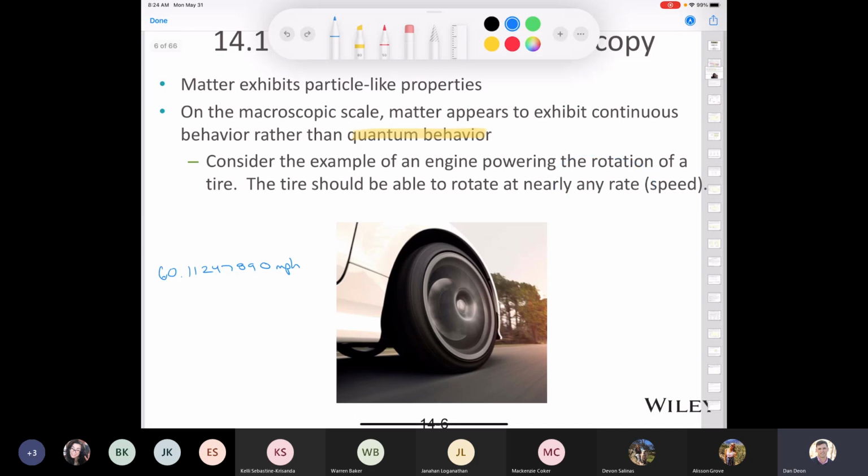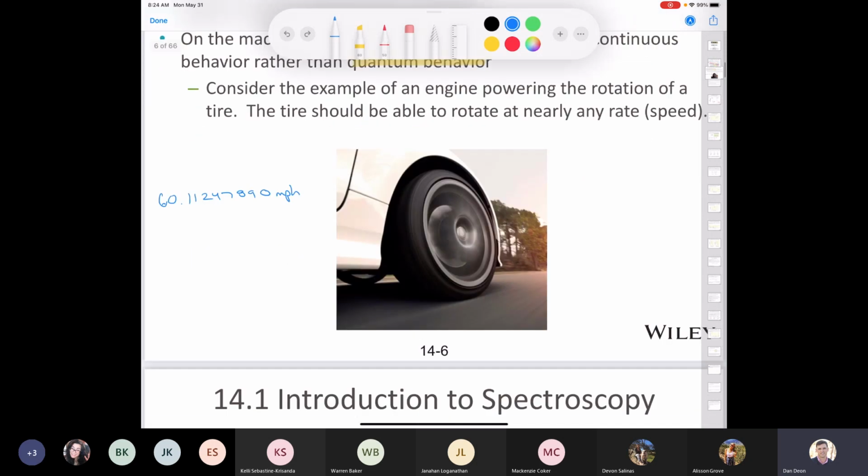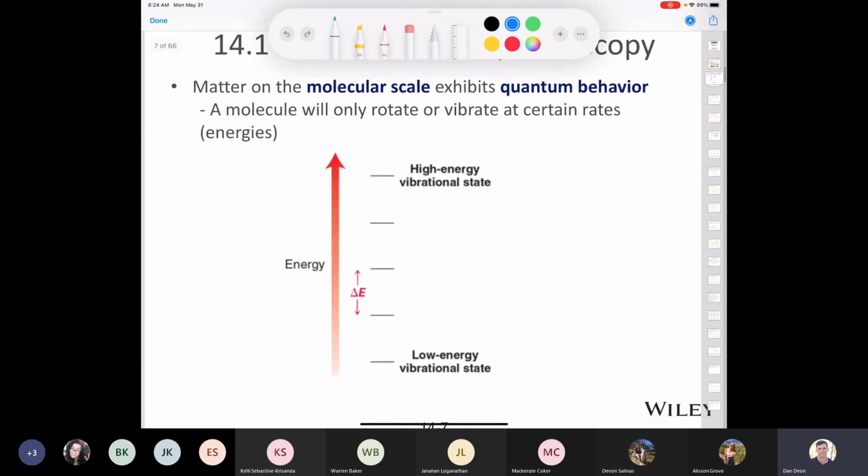Well, you need to get that out of your mind when you're thinking about molecules and quantum behavior, because instead of a spinning tire, now we're going to be thinking about the bonds in a molecule. Now, let's say we just take any kind of bond. Let's say we have a ketone, just for fun. Let's say we have the carbonyl in a ketone. Well, what's interesting about this bond right here is that the bond can vibrate.